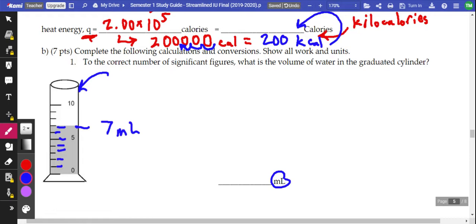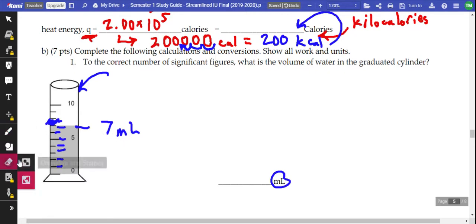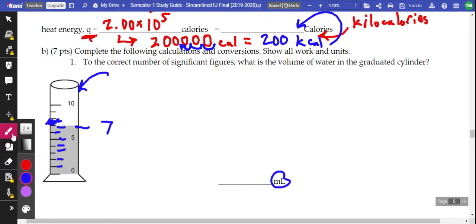For instance, on this graduated cylinder, I know exactly where 5 is. I know exactly where 6 is. I know exactly where 7 is. I would know exactly where 8 is if we got up that high. I don't know exactly what happens in the middle, in this section between these two lines. So that's my first digit of uncertainty. So I go 1 decimal point past what I would normally be able to measure using the lines that were given.